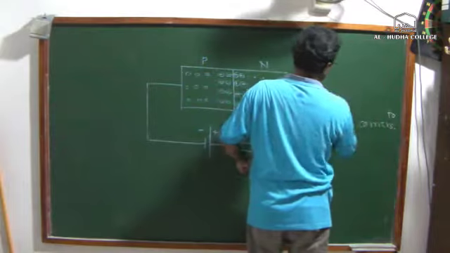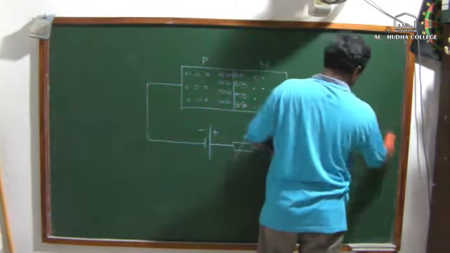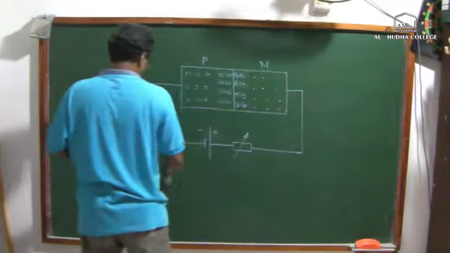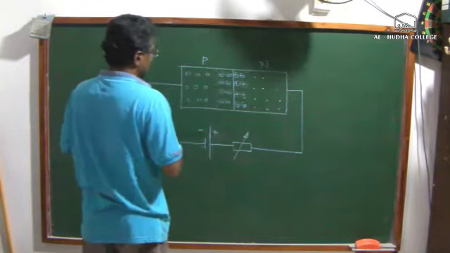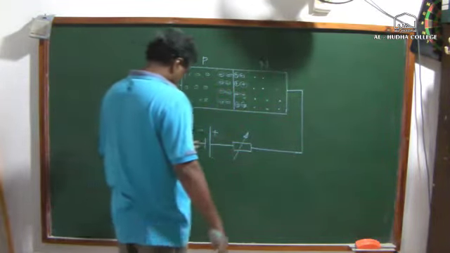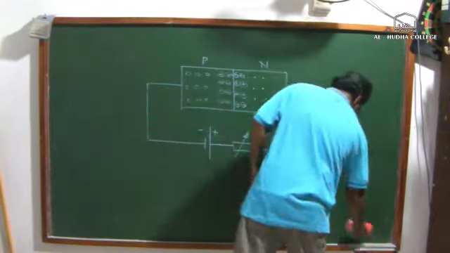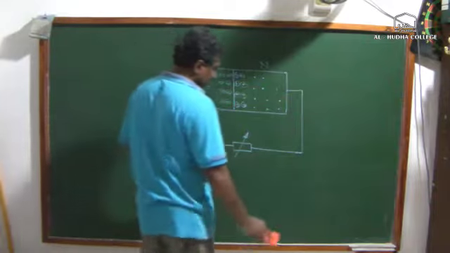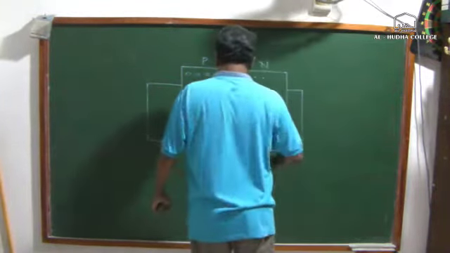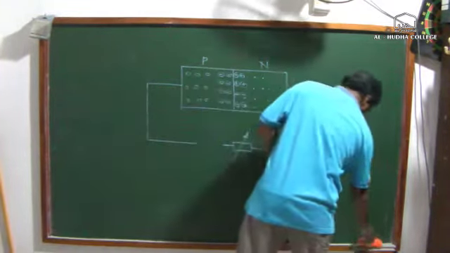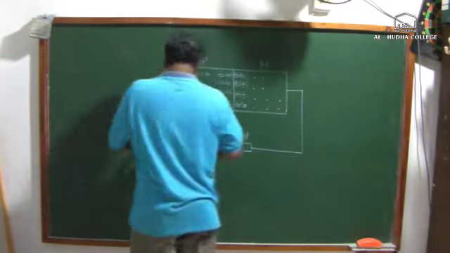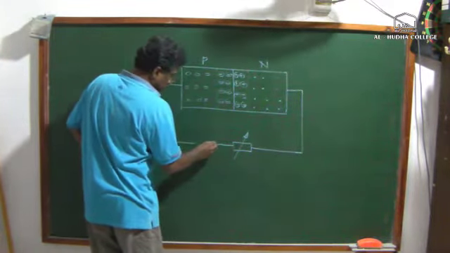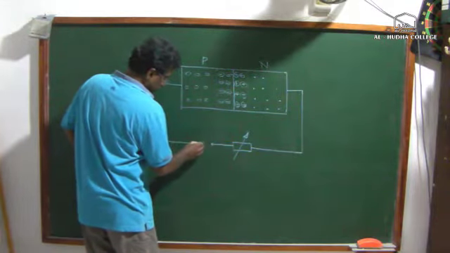In the forward bias operation, the current flows when the barrier potential is overcome, and in the reverse bias condition, the barrier potential keeps increasing, and because of that no current will flow except for the reverse saturation current caused by minority carriers.